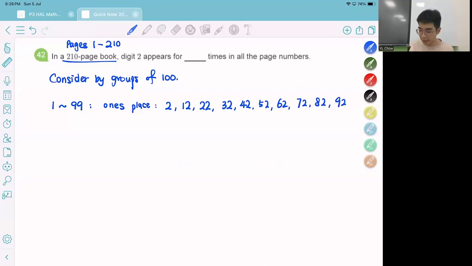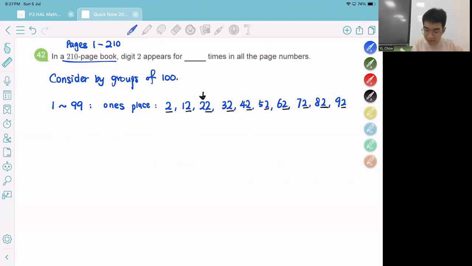So if I only consider the ones place, 2 appears 10 times. Note that I do not consider 20 to 29 first because those are in the tens place. I will consider them in the next case.